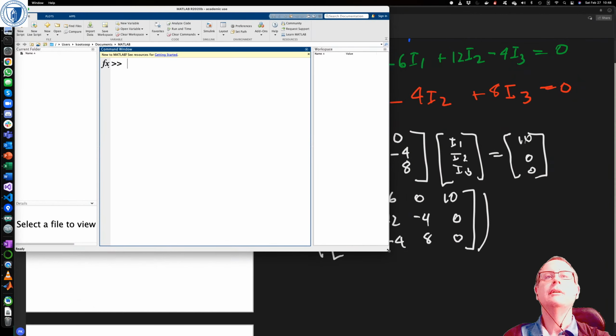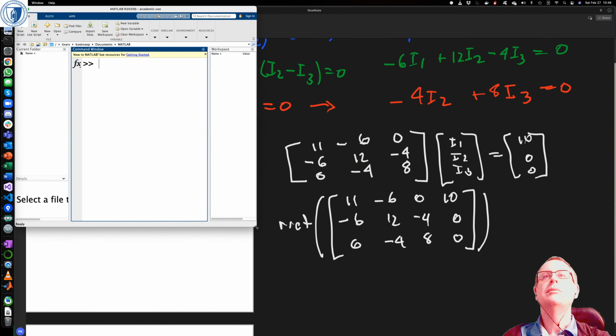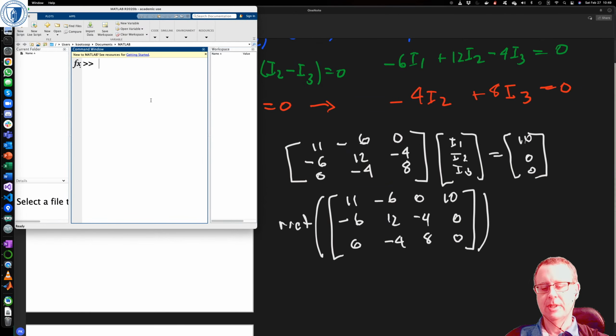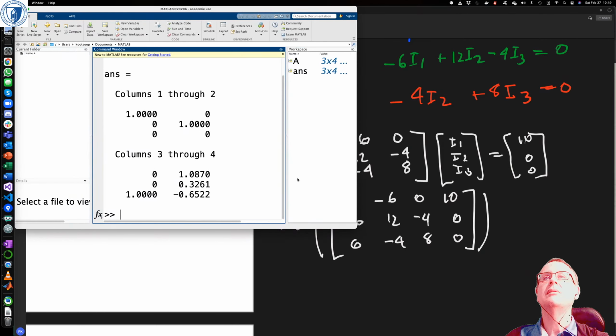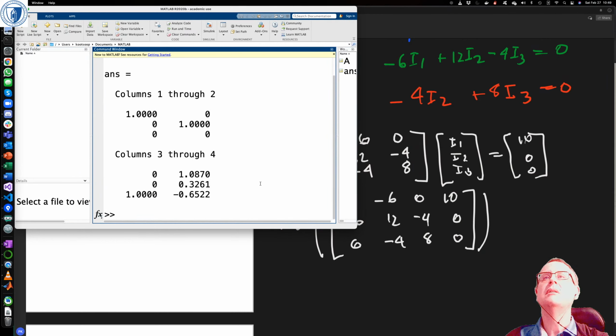So let me just put that over there so we can see everything. And our A is equal to 11 minus 6, 0, 10, minus 6, 12, minus 4, 0, 6 minus 4, 8, 0, and then RF of A, and let's just make it a bit bigger so we can see it better.